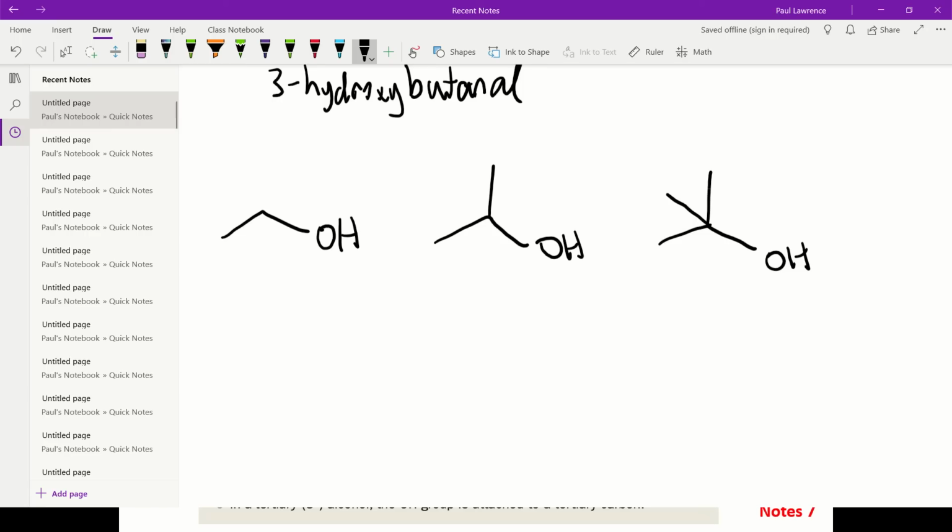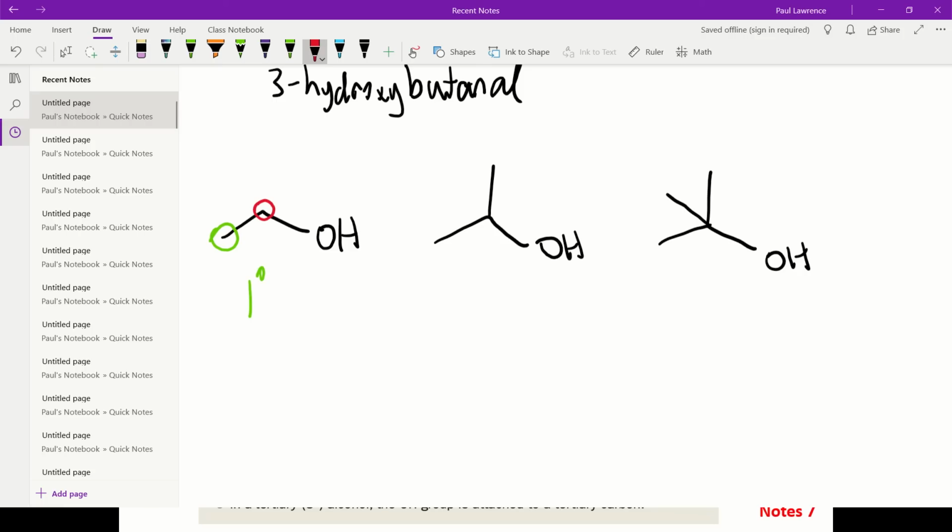So we need to be able to identify the degree of alcohols that we have here. And the way you do that is you identify the carbon that is directly attached to the hydroxyl. So we see it's attached there. Then we ask ourselves, how many carbons are directly attached to the one in red? And we see that there's only 1. So we have a primary alcohol.